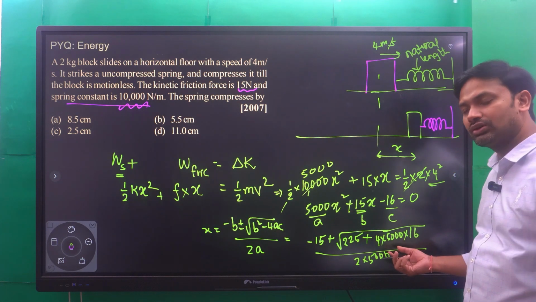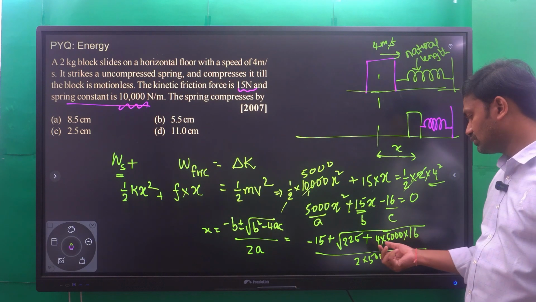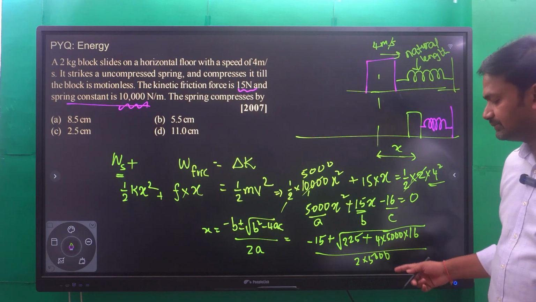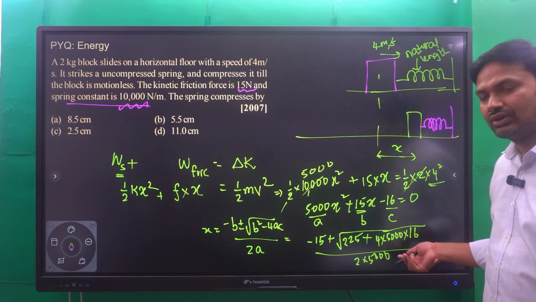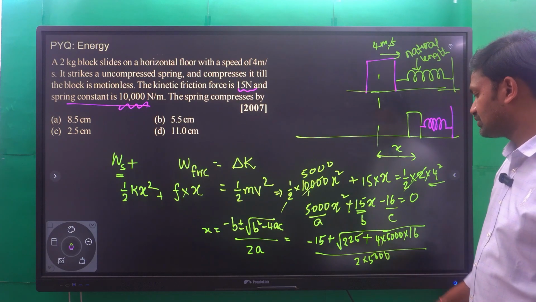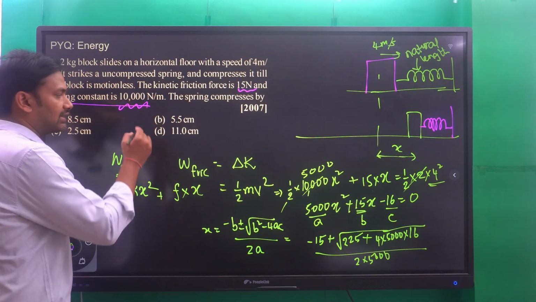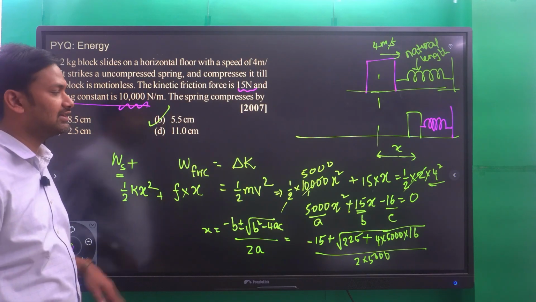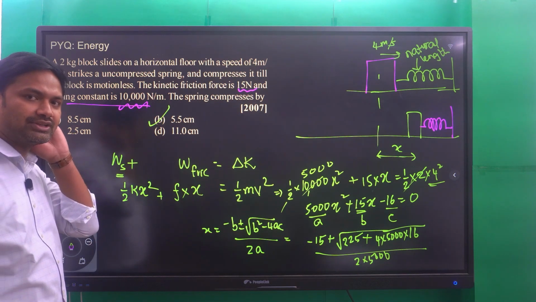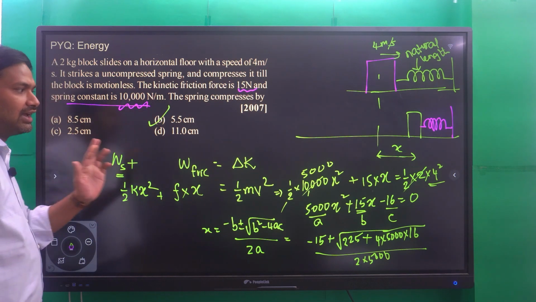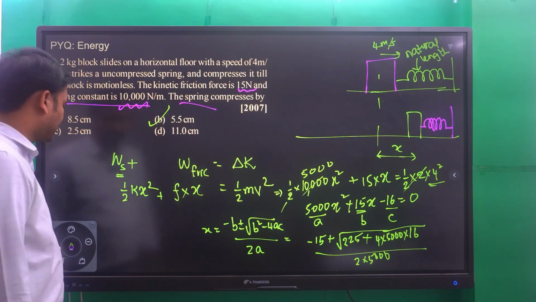So 4 into 5, 20,000, 20 into 16, 32,000. Plus 625. So finally, if you solve this, you will get the answer B, 5.5 centimeters. Calculate that, you will get this answer 5.5 centimeters. Clear? That is the x value, that is the spring compression made on the spring.